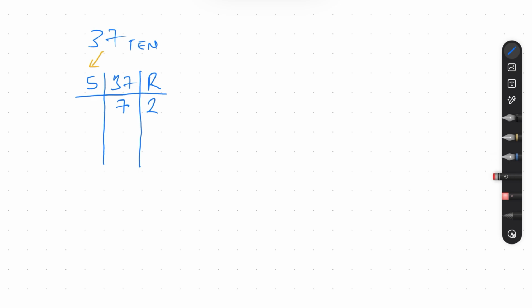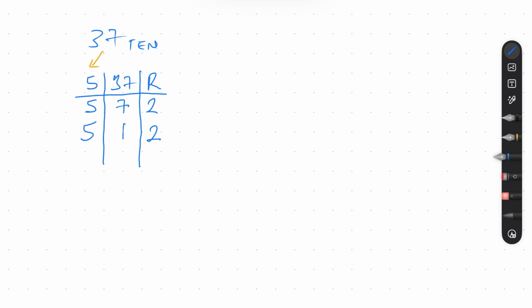Now we are still not done because 7 is greater than 5. So 5 can still go into 7. So we have 5 here. 5 goes into 7 how many times? Once. Carry what? 2. Okay, so let's write that down. Once, carry 2.